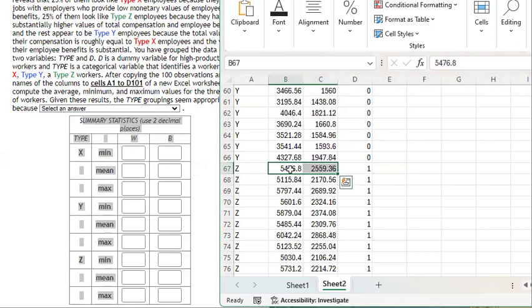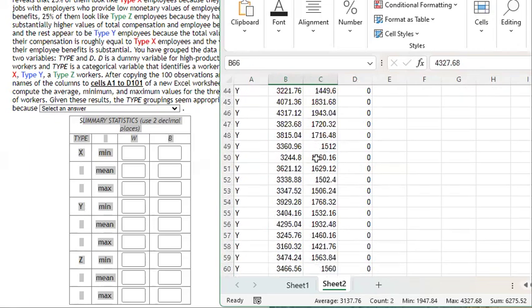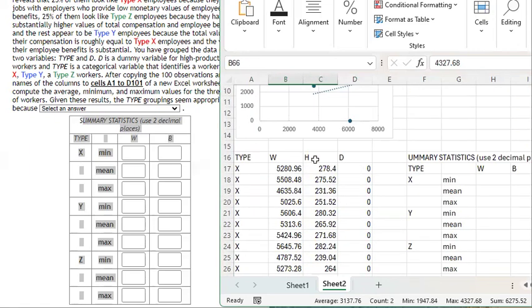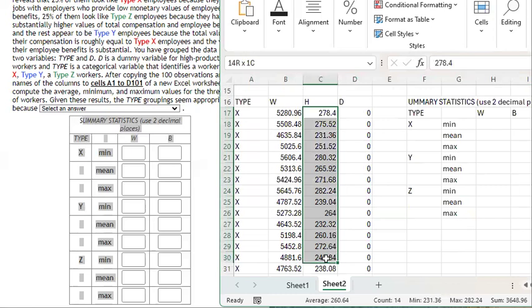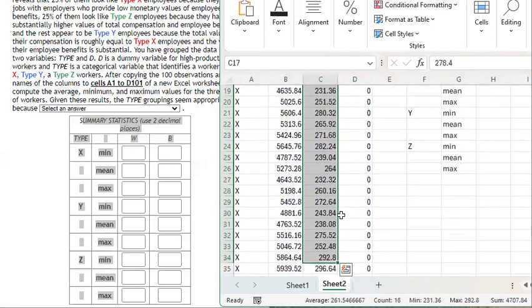All of a sudden, total compensation really jumps, right? From 7,000 to, I don't know, 8 or 9,000. And then down here, 6,000 to maybe 5,000, right? And then type X employees have very little, the value of their benefits is quite low, right?